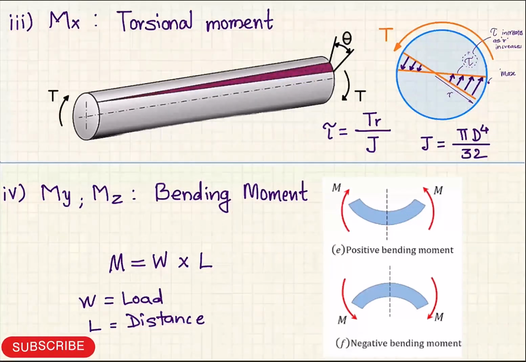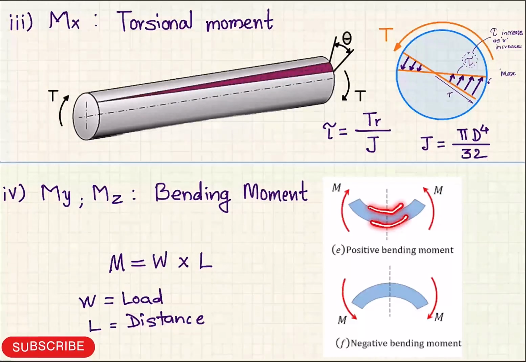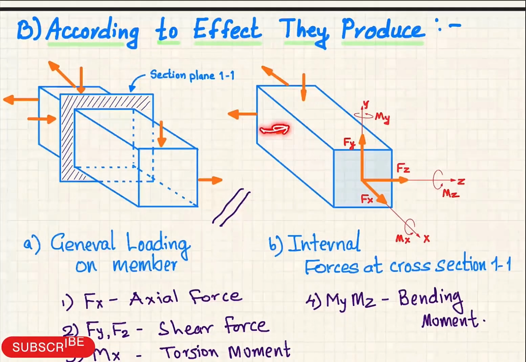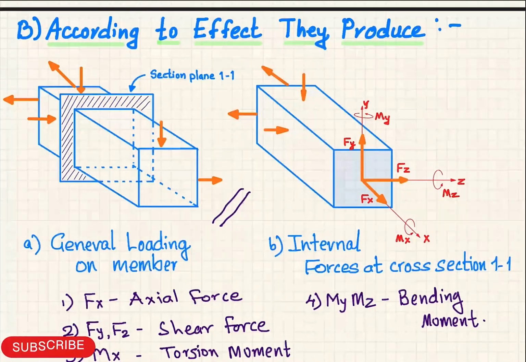These moments cause bending of the member about an axis parallel to the cross section, and ultimately produce slopes and deflection in the body. You can consider this as an individual load if it is acting individually, and there is a combination of loads coming on the body from all directions, which we call strength of materials.